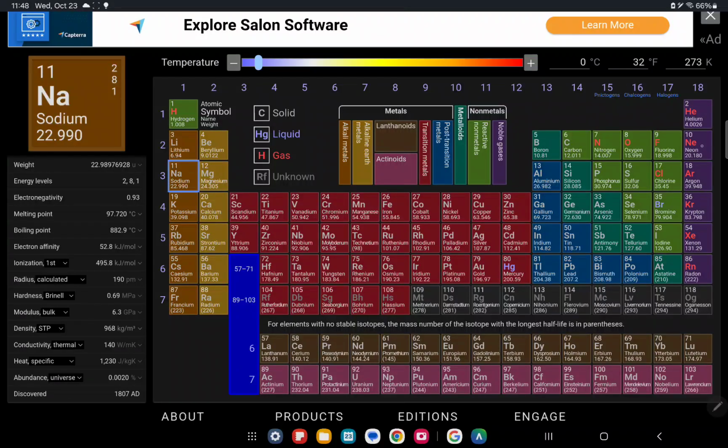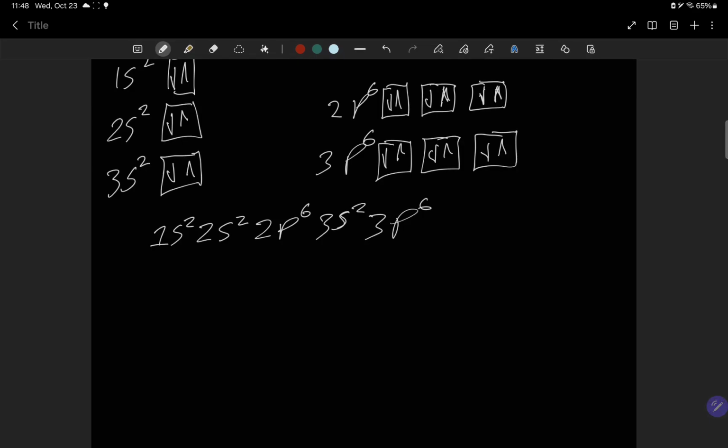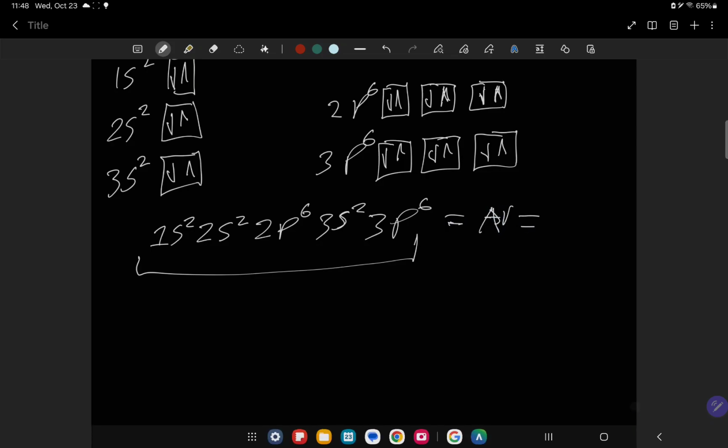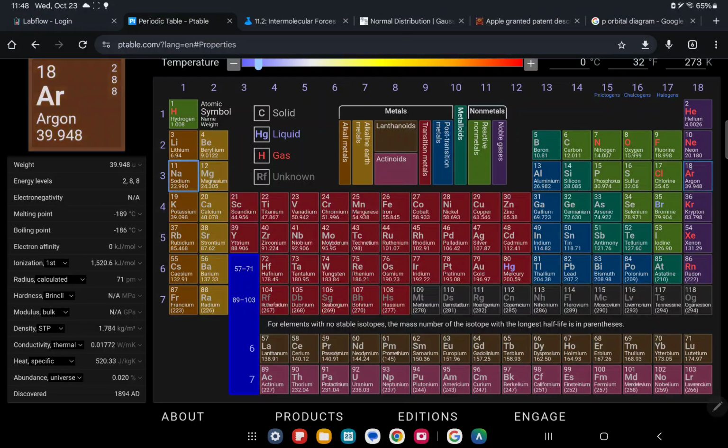So it would lose the entire third shell, and it's going to have the same electron configuration as neon. But it's only because it is an ionic element, because it's going to be missing an electron. So this would be for argon. But this is also the same as, let me go back here. Argon. Let's go potassium.